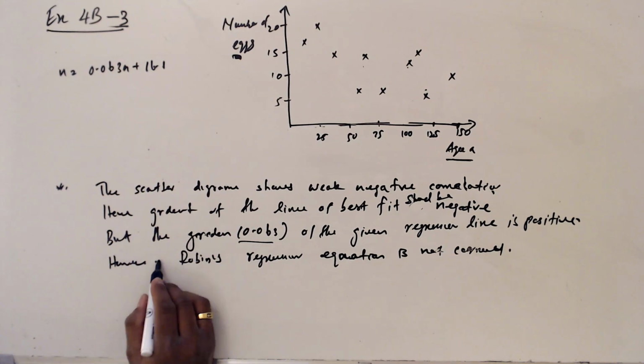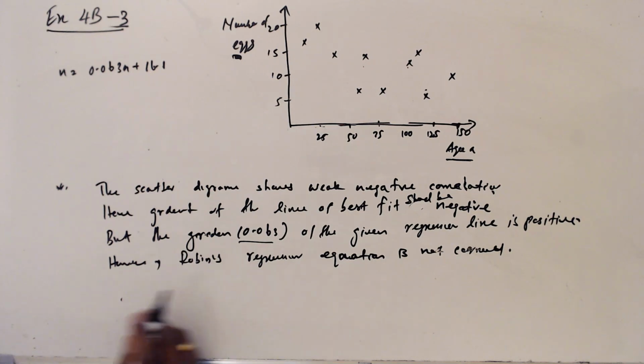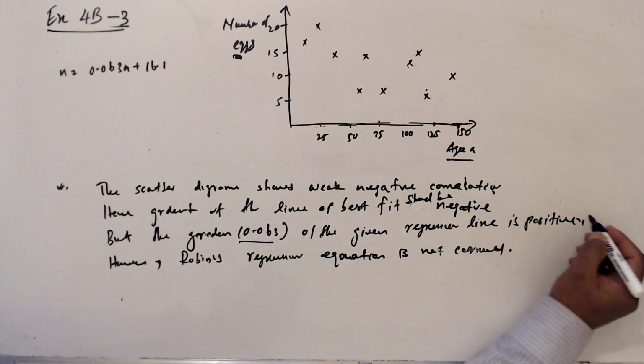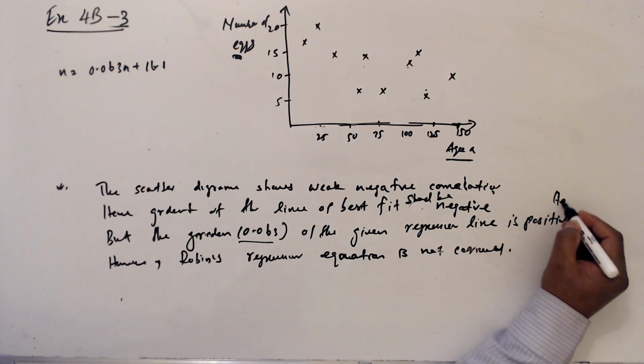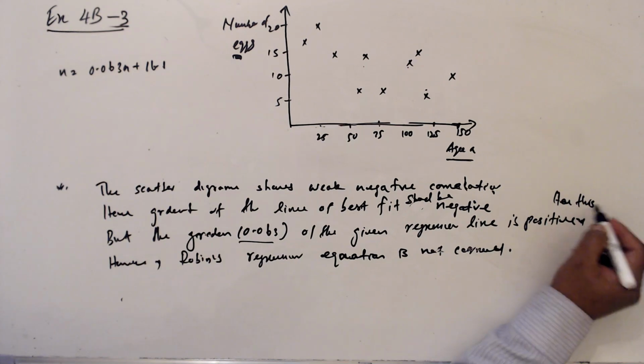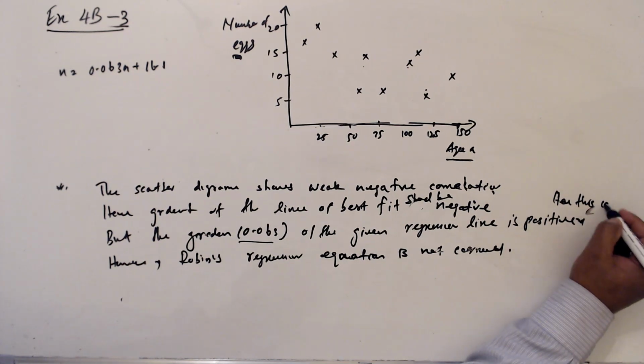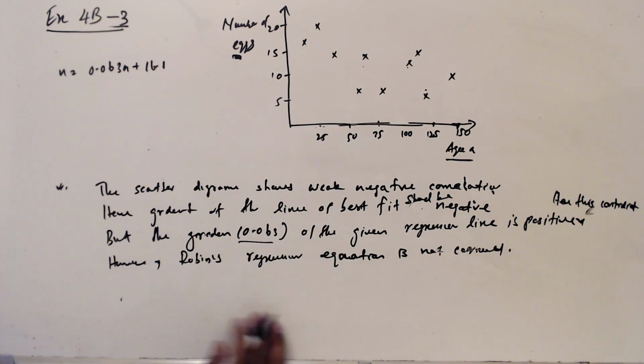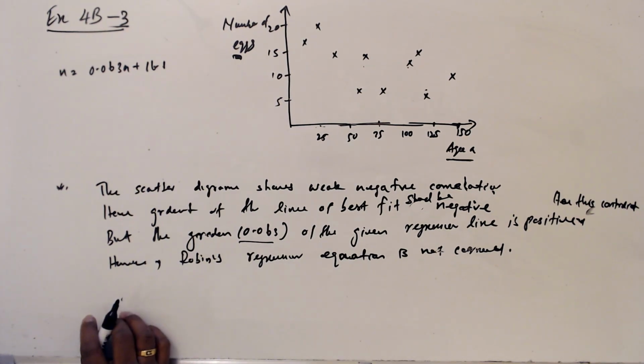Hence, Robin's regression equation is not correct. You can write one more line if you want: this is a contradiction.